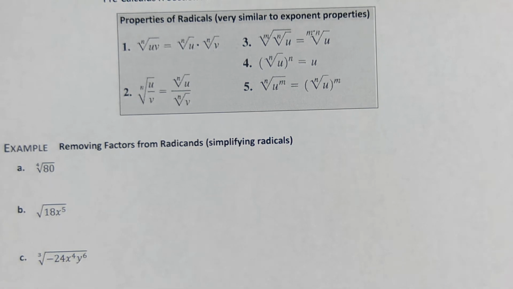Now, I do want to bring up an important concept here. And that is technically, and I'm saying it like that because we will not be doing that, but technically, if you cancel an even power with an even root, this creates a plus or minus situation, and that would require absolute value bars in certain situations.